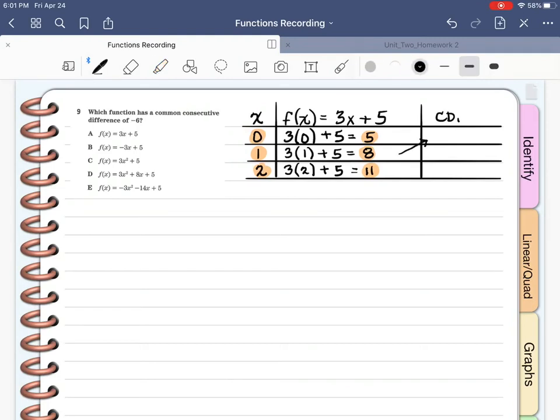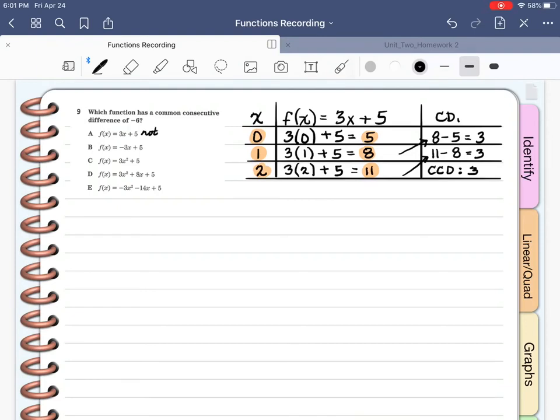So this will be 8 difference 5 is 3. 11 difference 8 is 3. So this common consecutive difference is 3. And the question asks us which one is -6. So it is not A.